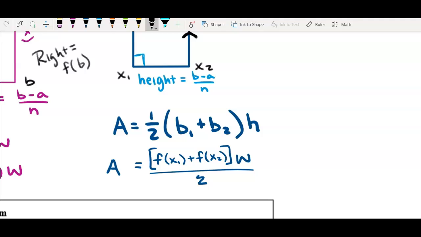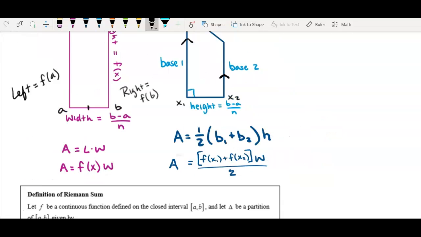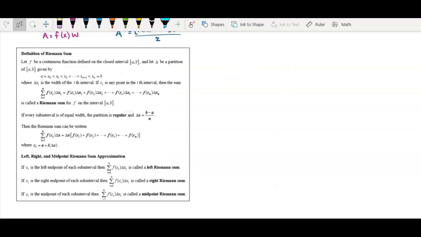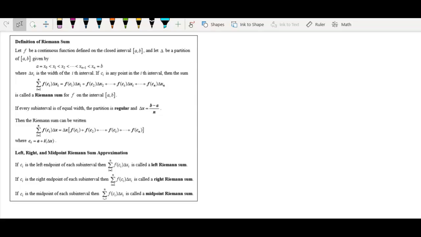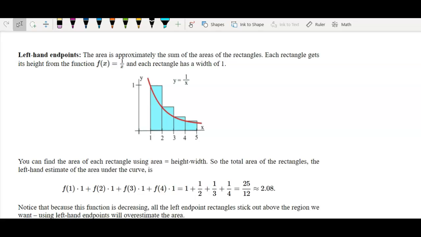I put w in here because that's the same width as in the rectangle. The width is along the x-axis, the whole thing divided by 2. If you're taking the AP exam, we'll go over this notation more. Again, it's just the definitions with the summation notation, but they're just not very fun to look at.